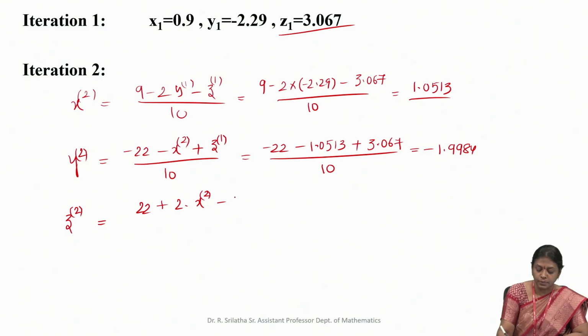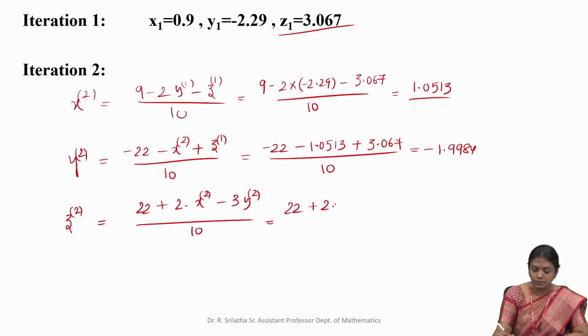So next, to calculate the second iteration value for z here, that is 22 plus 2, the second iteration value for x, and minus 3 y, the second iteration value of y, whole divided by 10. That is 22 plus 2 into 1.0513 multiplied with 2, minus 3 multiplied with minus 1.9984.